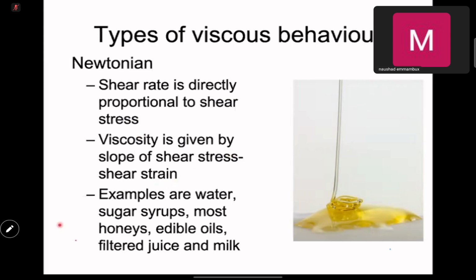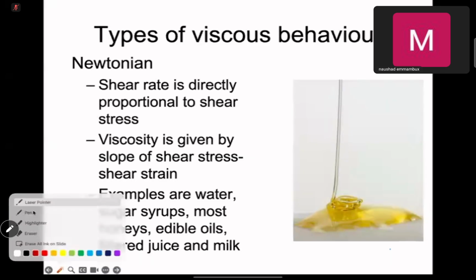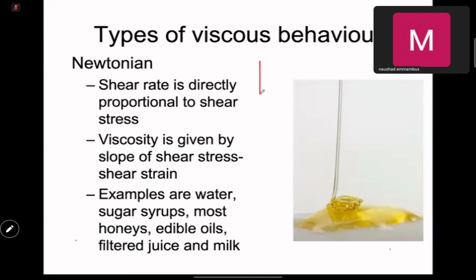So if you draw a graph, if this is the shear rate, which is gamma dot, and this is the shear stress, which is sigma or tau, you will get more or less a straight line for Newtonian, and the slope will be the viscosity.